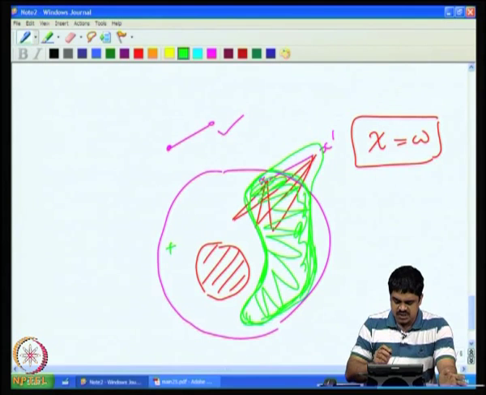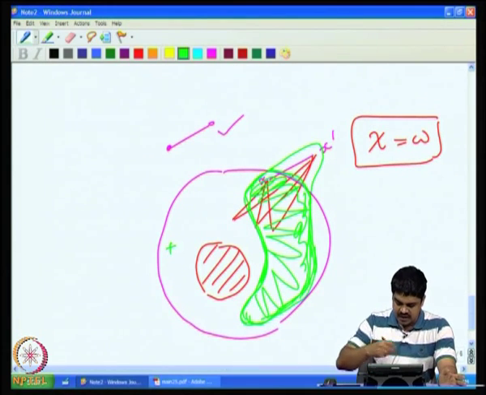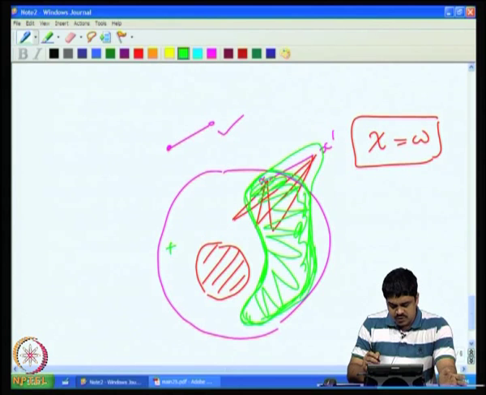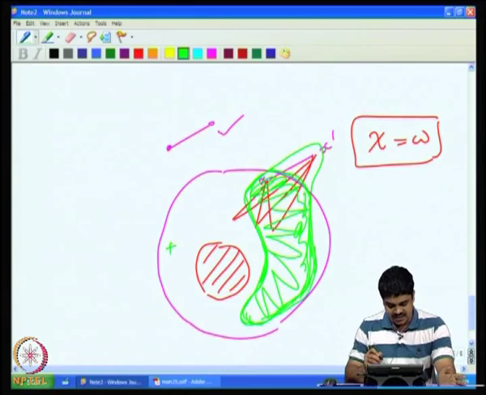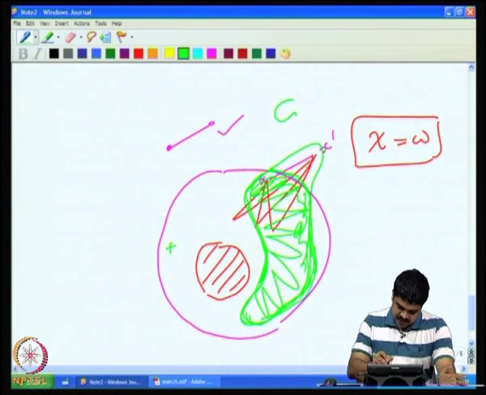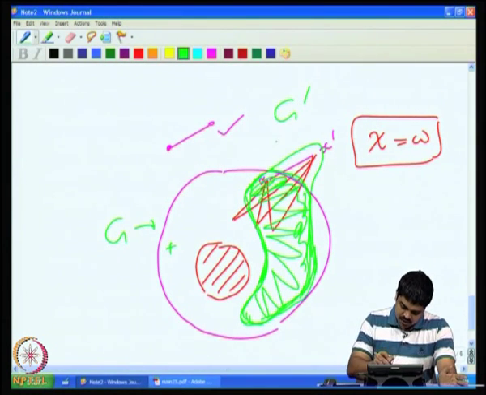Suppose it was an induced subgraph strictly smaller than the entire graph, then it is either a subgraph of the original graph G, in which case it is perfect by definition, because an induced subgraph of a perfect graph is also perfect, or it contains x as well as x dash, and some other vertex is left out from the original G. This violet part is G, and this entire thing is G dash.